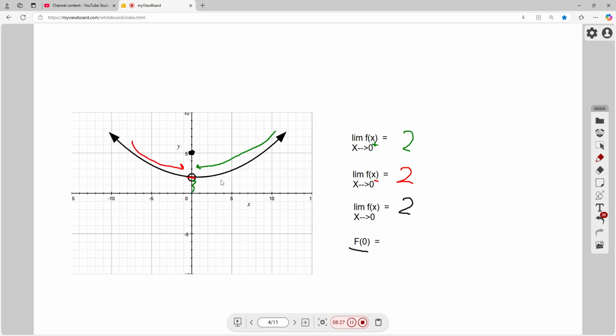Because it won't count with a hole, but we have an actual value or a point over here, which is at y equals 5 for x equals 0. If it was anywhere else, like at x equals 5, then it just doesn't matter and it will be a DNE again. But the answer for this one is 5.